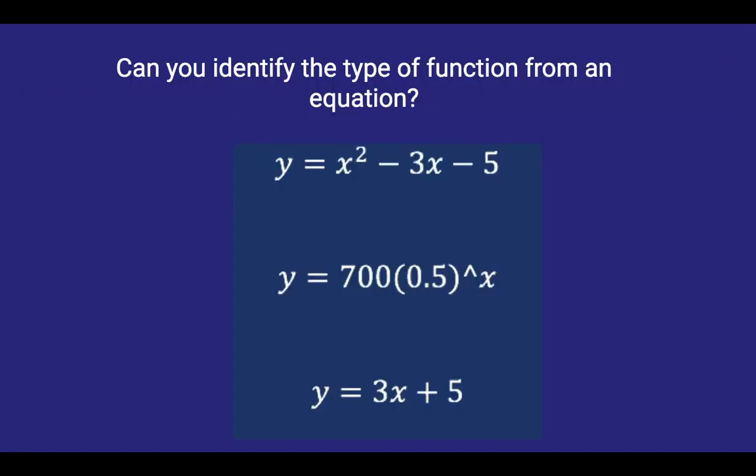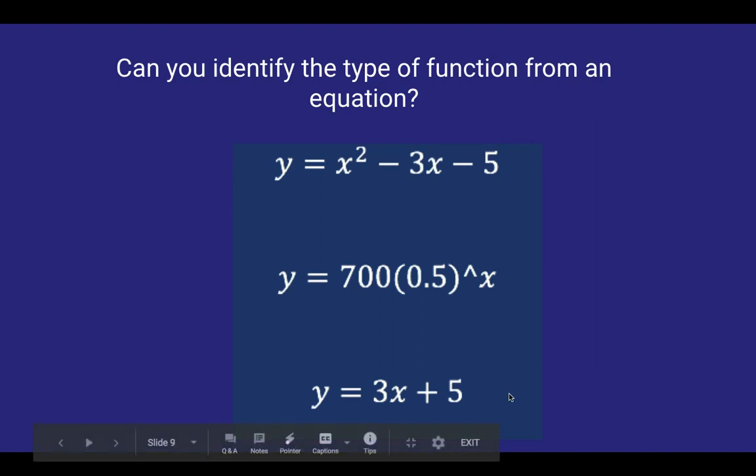What if I would give you some equations? Can you identify the type of function just from an equation? I'm guessing you can. All three of these have been given to you in standard form, except this last one.